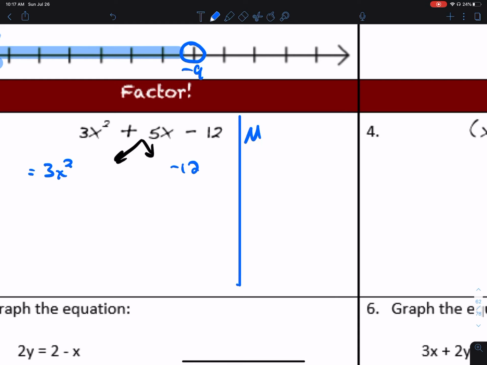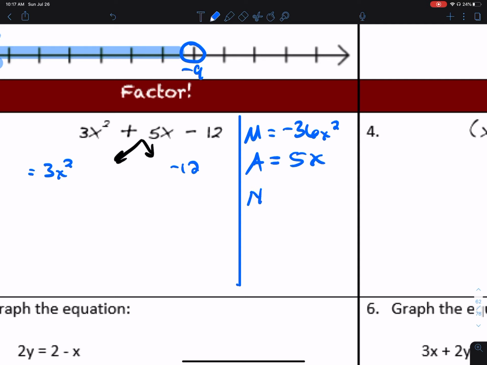We need 2 things that multiply to get the first term times the last term. 3x squared times -12 is -36x squared. We need the same 2 terms to add to get the middle term of 5x. So let's think. What are 2 things that multiply to get -36x squared and add to get 5x?